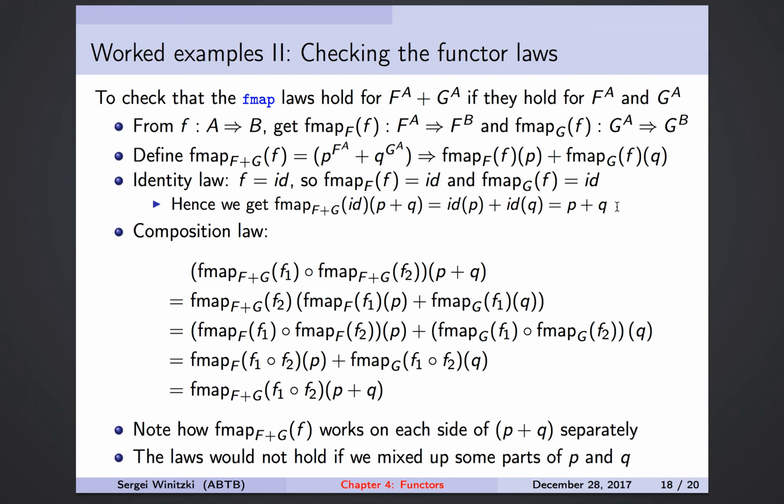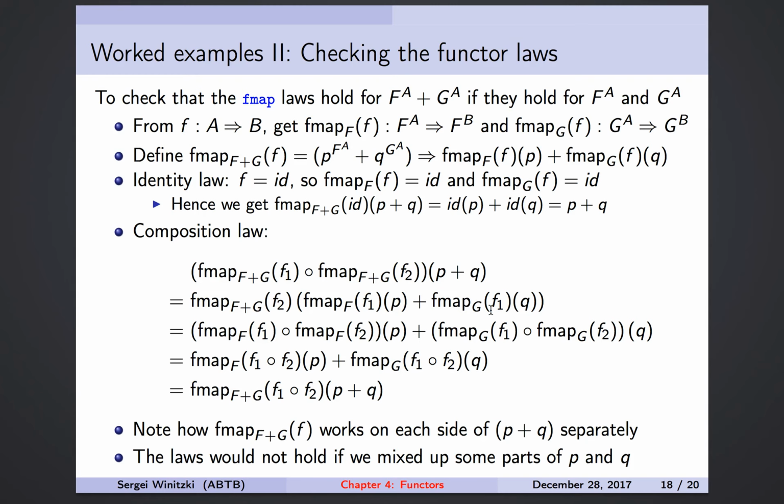The composition law is a little longer to check. But note, as we noted in the code, we don't actually use the structure of the functors F and G. We just use the fact that they're functors and that Fmaps for them work correctly. So let's decompose the composition of these two Fmaps. We need to first apply f1 and then f2.